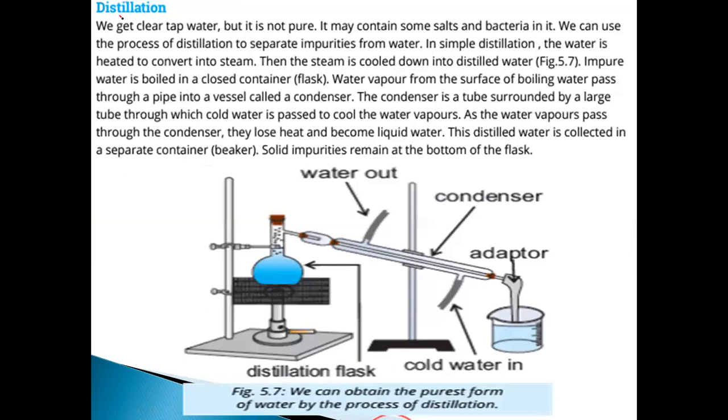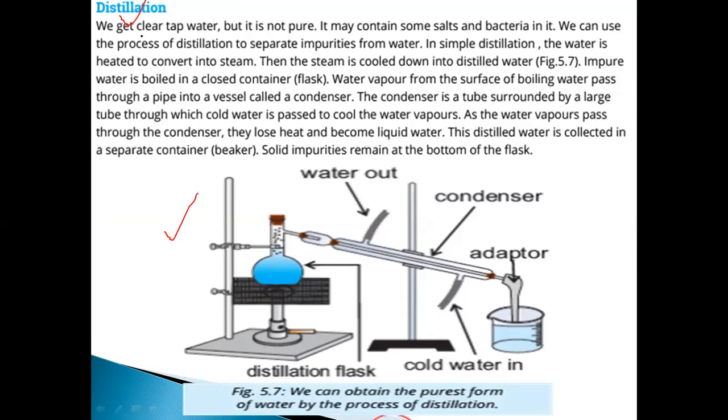Next, we will see the distillation process. That is very reasonable process, but it is mostly used in oil refineries, in larger water treatment plants as well. So in the lab, we can do it by this apparatus.